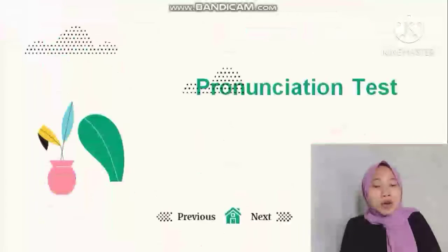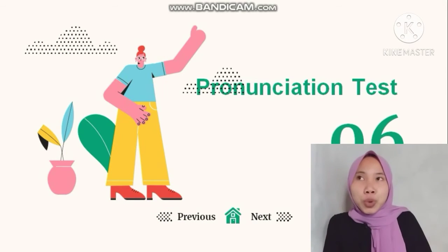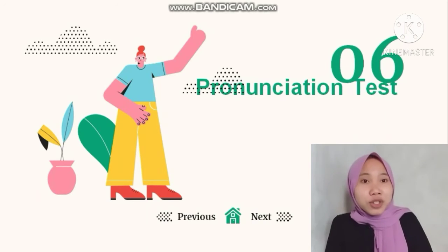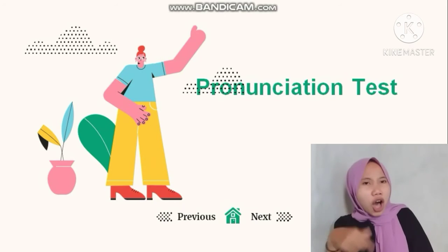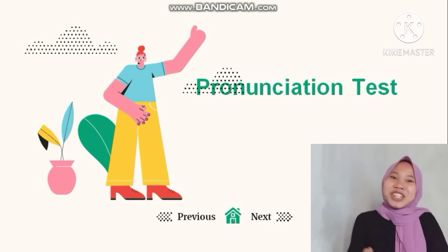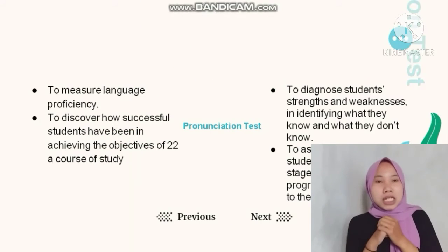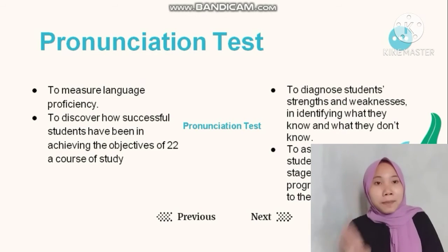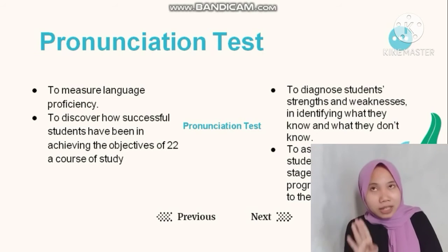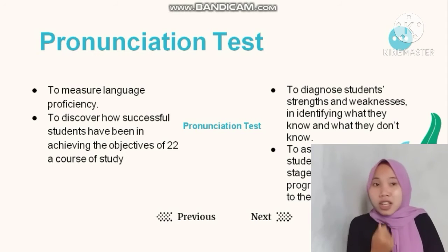Okay, and the number 6 chapter is about pronunciation tests. If you want to assess pronunciation, there are strategies for testing in this chapter. You must understand the chapter on pronunciation tests. There are 4 points. Number 1 is to measure language proficiency.